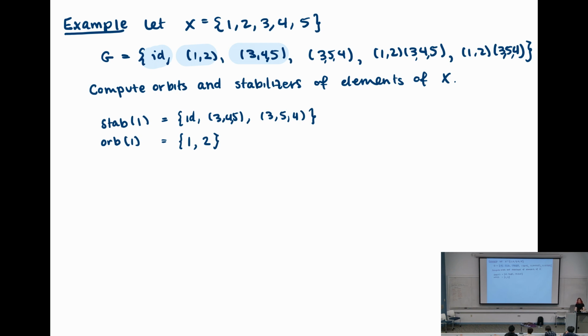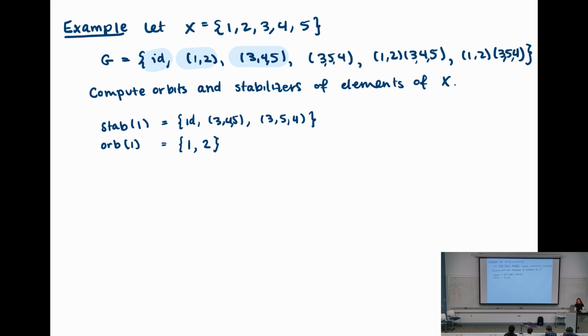Let's do another one maybe. So let's do the stabilizer of 4. These are the elements of G that leave 4 fixed. So that would just be the identity and the transposition (1 2).